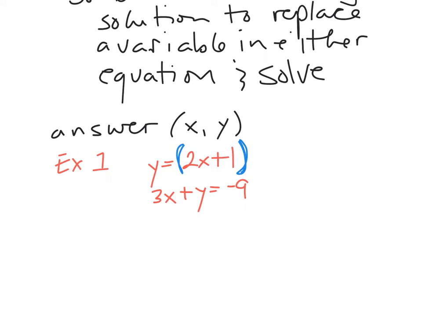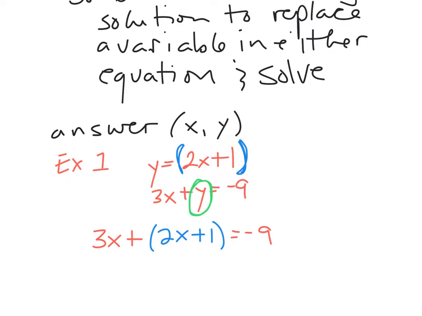Now, what I'm going to do in step 2 then is to go into the second equation, and in that second equation, I'm going to replace y with what y is equal to, those parentheses from before. And so what I have now in my step 2 is 3x plus, now instead of writing y, I'm going to write the new phrase here, 2x plus 1, and then I will set it equal to -9, just finishing my equation.